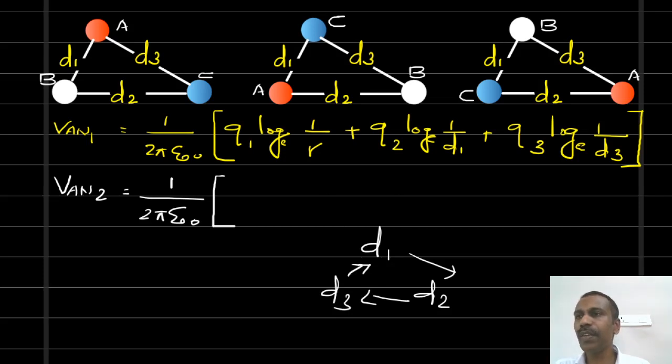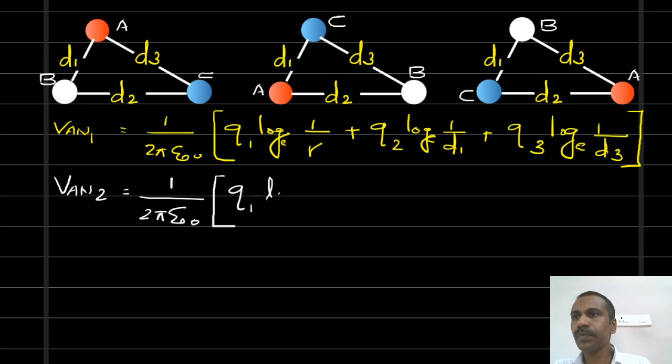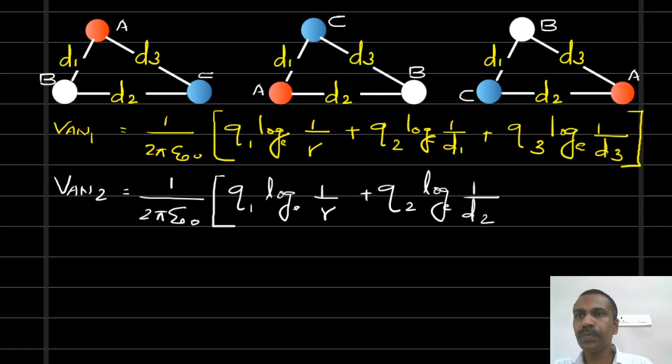One cyclic shift will be there. This Q1 log 1 by R plus Q2 log, the D1 becomes D2, plus Q3 into log D3 becomes D1.